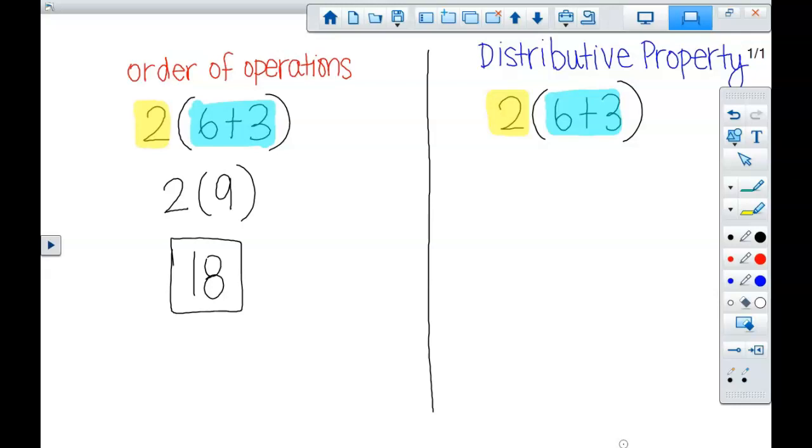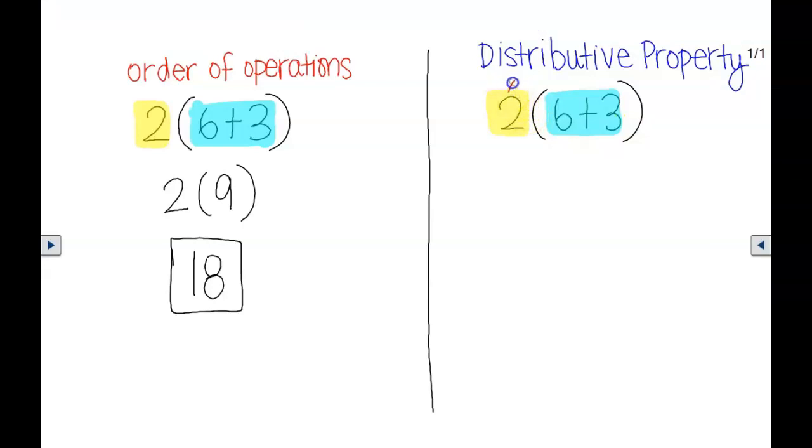What we're going to do here is take that number 2 that we see outside of the parentheses, and instead of multiplying it by the entire group, we are going to distribute him to each member of the group.